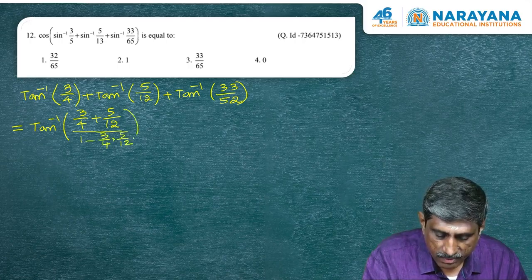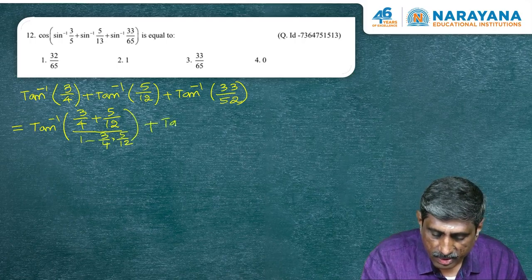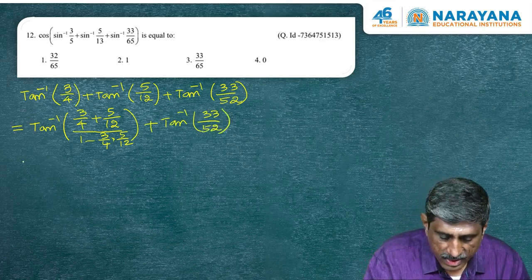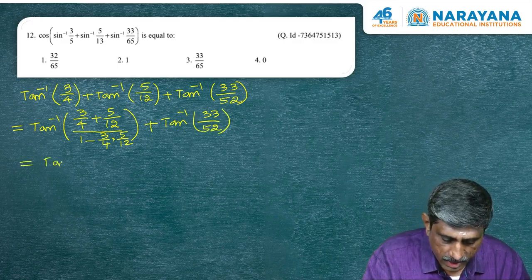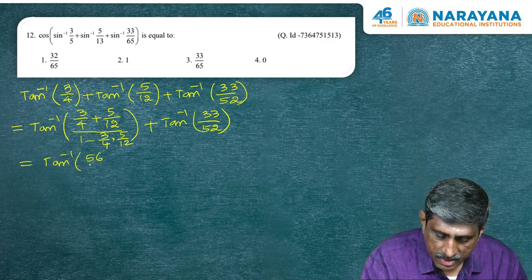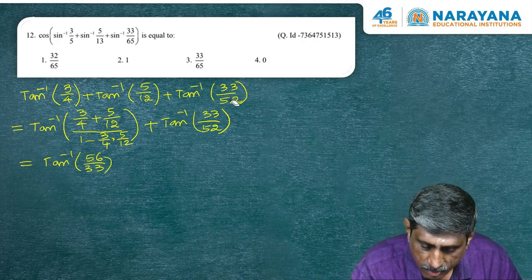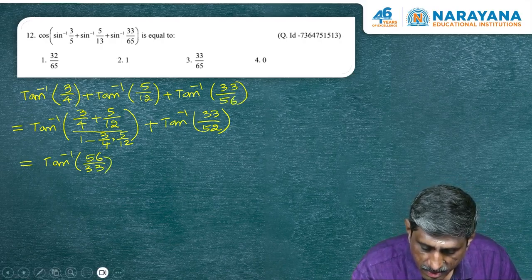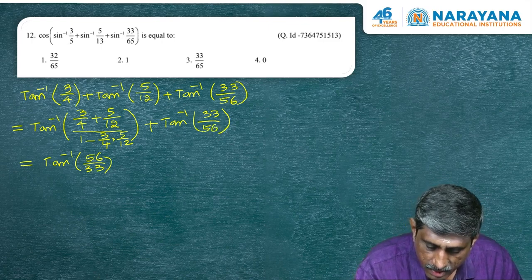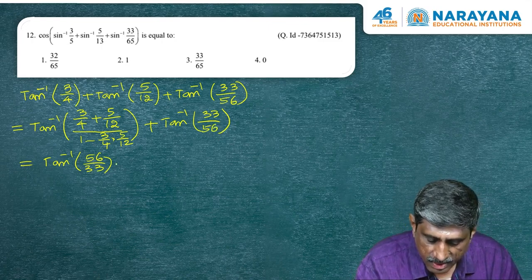And on simplification, this is as it is, will keep plus tan inverse of 33 divided by 56. So, on simplification, it is tan inverse of 56 divided by 33.